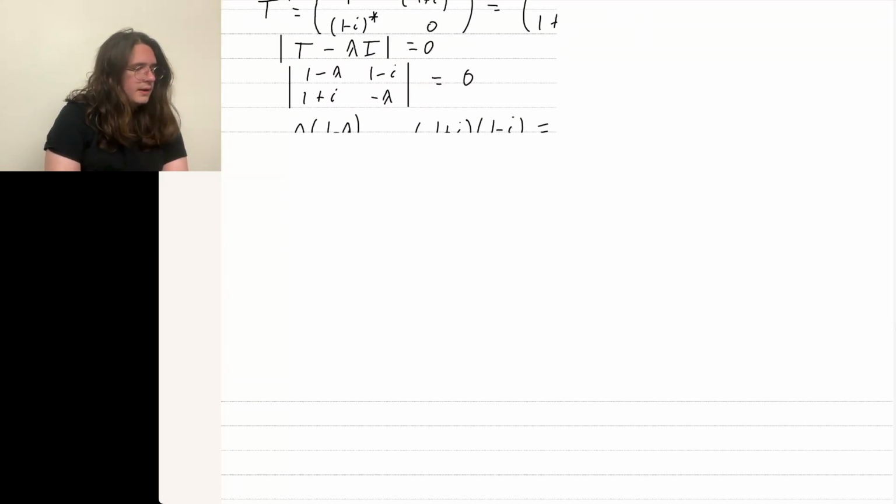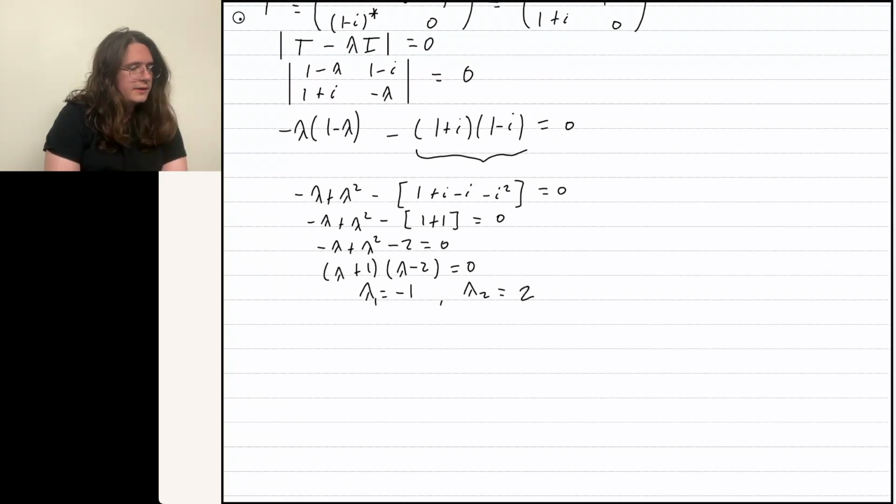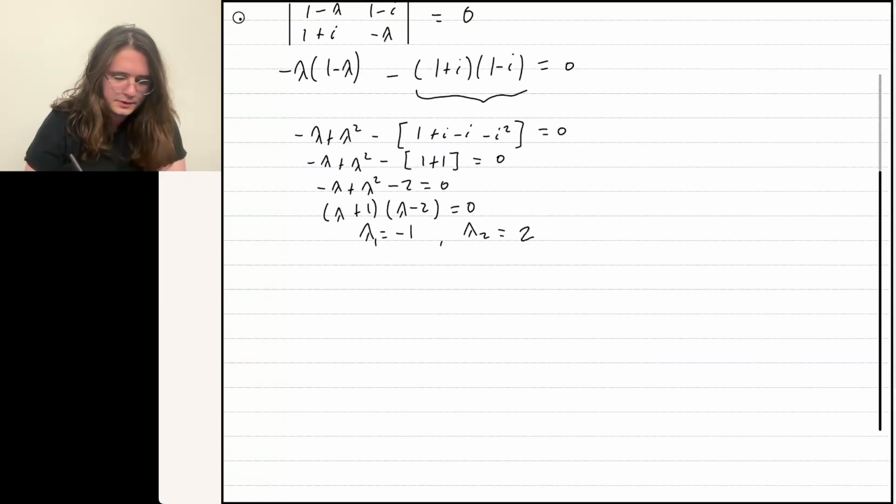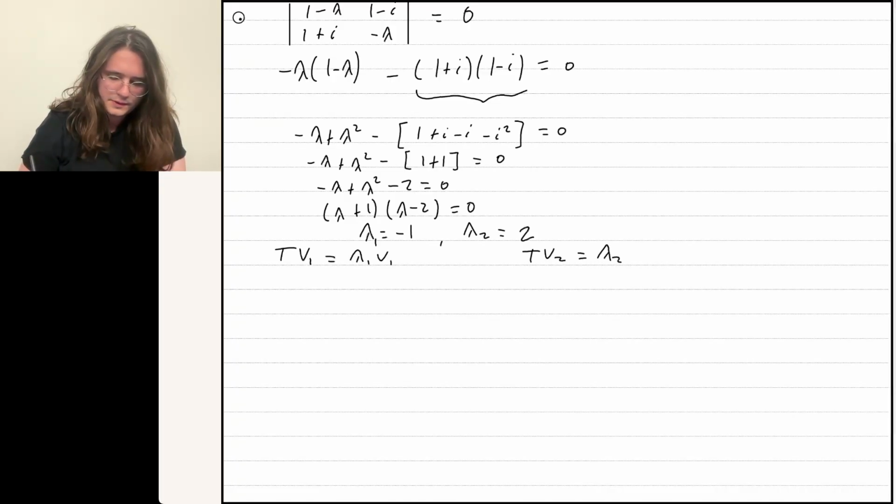And then we're going to find the eigenvectors. The eigenvectors will follow from these equations: T times v1 equals lambda 1 v1, and T v2 equals lambda 2 v2. Right?